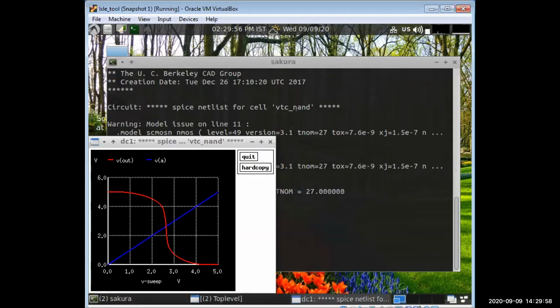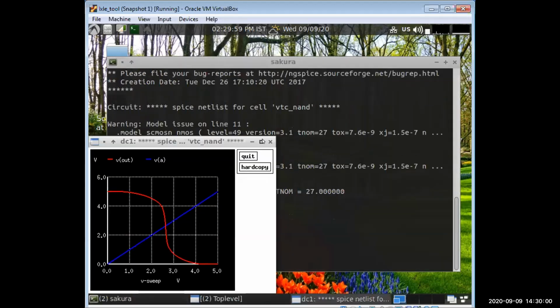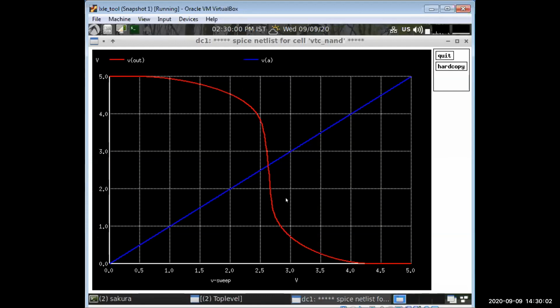ngSpice. Okay. So now you can see here, this is the case when I am giving both the voltages the same. That means they are switching from 0 to 1. So previously when we studied in the theory class, there were 3 cases of VTC. So what sir explained now about that VTC graph.